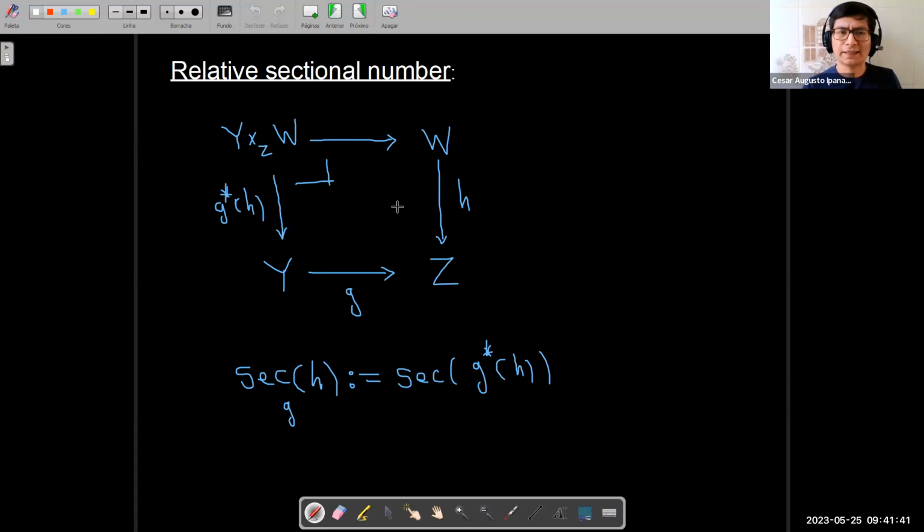And then I will recall the relative sectional number. Here we consider two maps, and we consider the canonical pullback. The relative sectional number of one map with respect to the other is the sectional number of the canonical pullback.